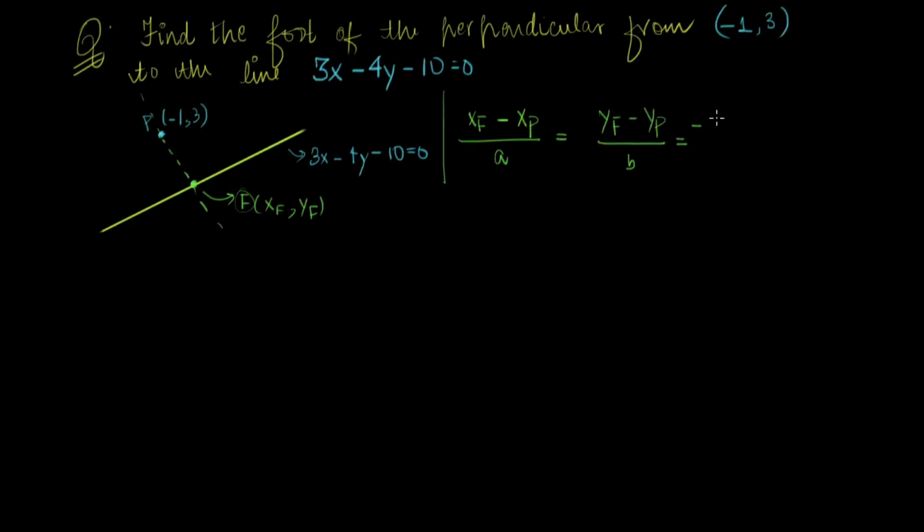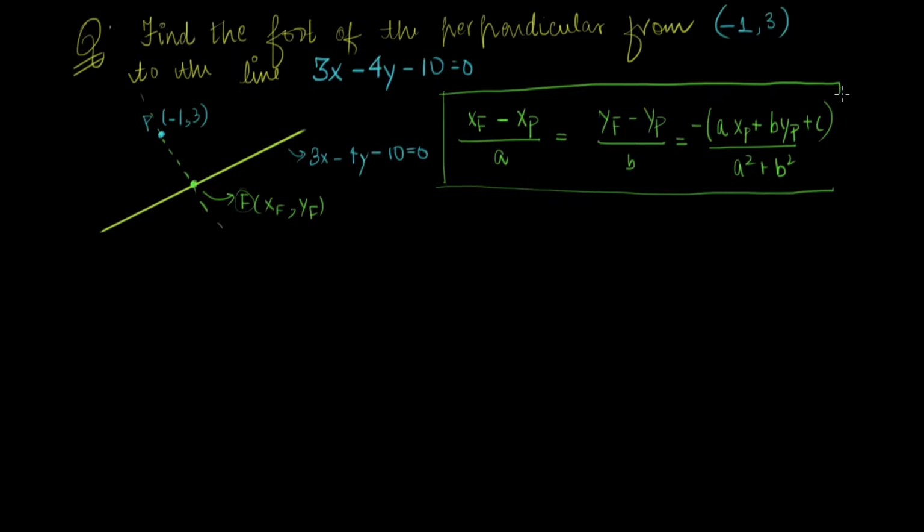This must be equal to, well, this is the tricky bit, negative of (a times x_p plus b times y_p plus c) divided by a squared plus b squared. If we remember this, then we can evaluate the coordinates y_f and x_f right there.